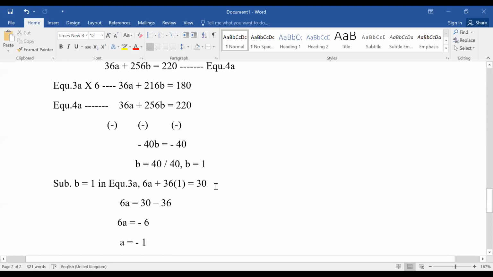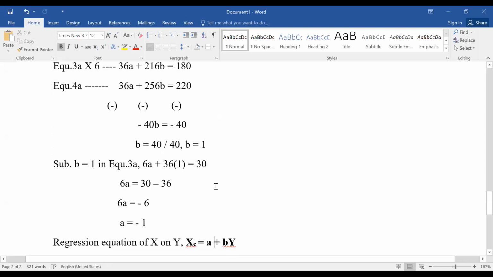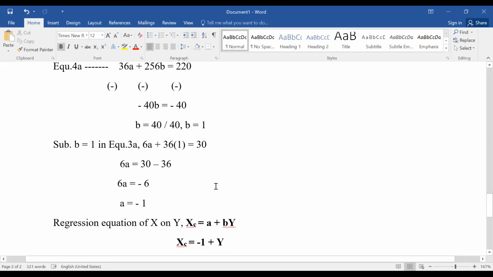A value is -1. And then finally write the regression equation of x on y: x equals -1 plus y. Y on x is y equal to 1 plus x. X on y is x equal to -1 plus y.